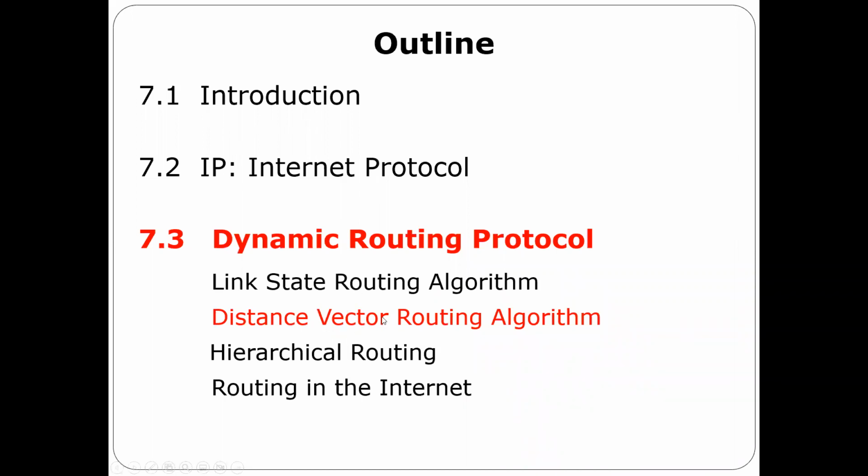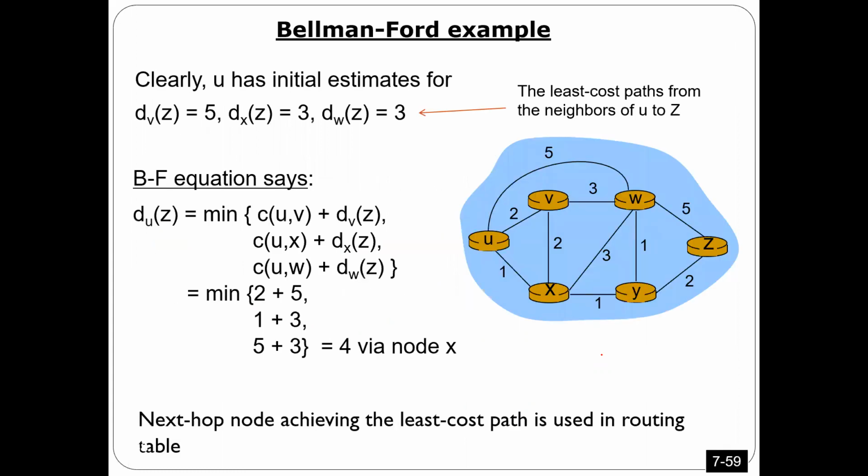In distance vector, as I explained last time, for example, node U is going to receive from its direct neighbors what we call a distance vector. This distance vector tells the cost from V to everybody else, the cost from X to everybody else, the cost from W to everybody else, without too much detail.